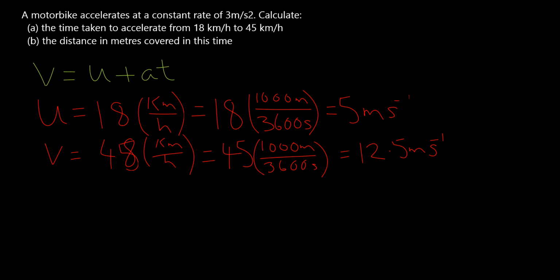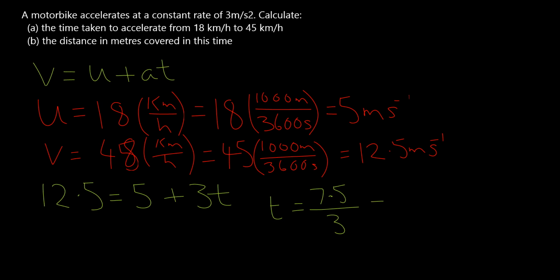Substituting this into the equation V equals U plus AT, we obtain 12.5 equals 5 plus 3t, and I can rearrange that for t to get t equals 7.5 divided by 3, which equals 2.5 seconds.